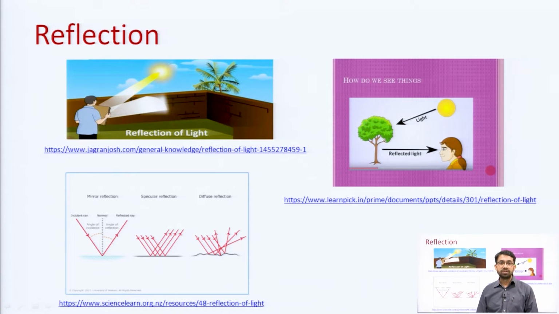Because the light rays that are reflected by different surfaces fall on the retina of our eyes, they are focused on the retina, and the sensors on the retina read those reflected light beams. Similarly, how do we take pictures with cameras?